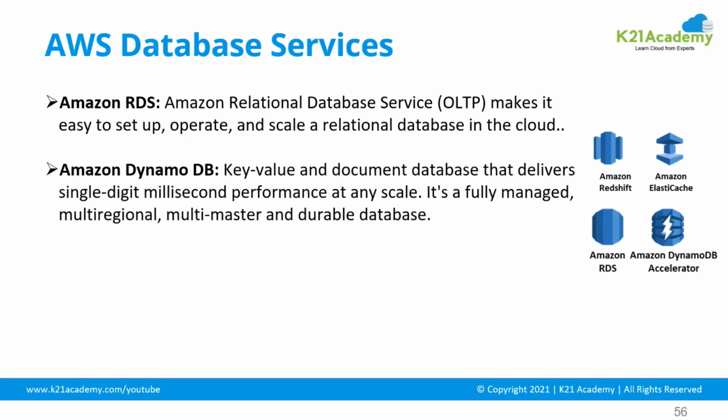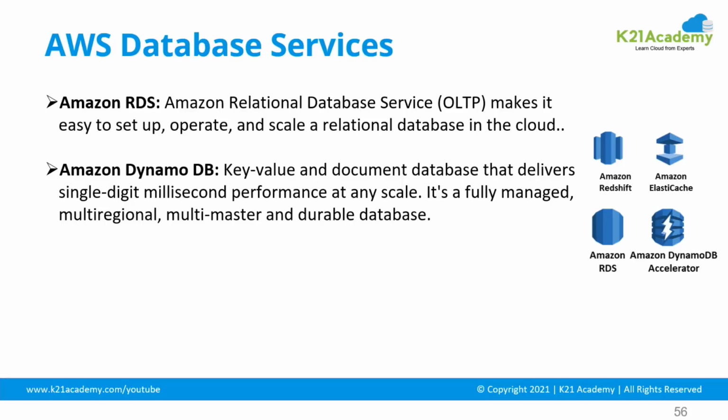Then you have DynamoDB, which is a key value pair database and document database that delivers single digit millisecond performance at any scale. It's a fully managed, multi-regional, multi-master durable database, meaning that let's suppose I want to have a key value pair, say product number, and product number this and description this.